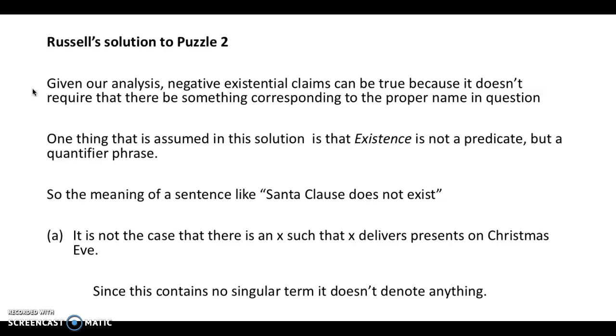Now, under this analysis, the existential quantifier does not serve as a predicate. It is not something that we predicate of an object, like "is something" or "it exists." Instead, the existential quantifier, or existence, is just a quantifier phrase. It just quantifies over a domain or range of something.